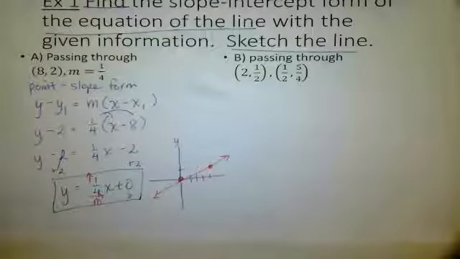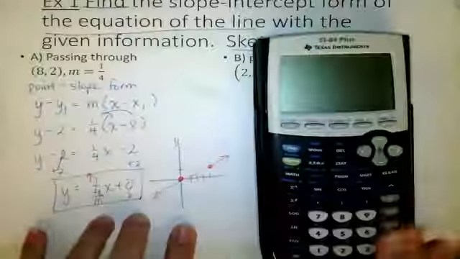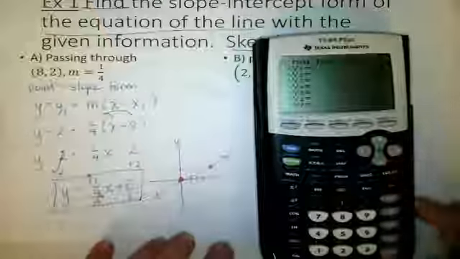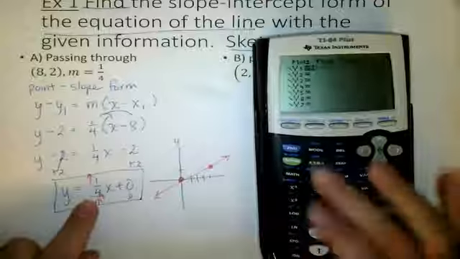You're done. Now, you have a graphing calculator. Your graphing calculator can be really helpful to check equations of lines. So in y1, I'm going to go ahead and write my equation.